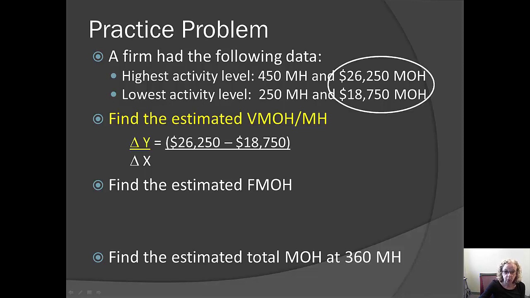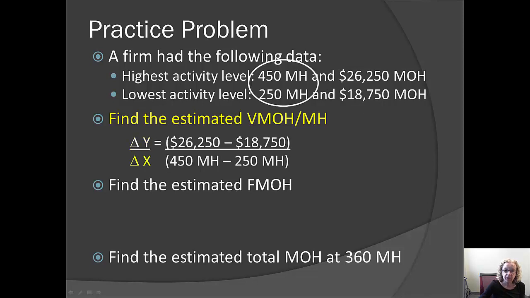The difference in y is going to be the difference in cost between the high and the low points. The difference in x is the difference in our activity level between the high and low points.